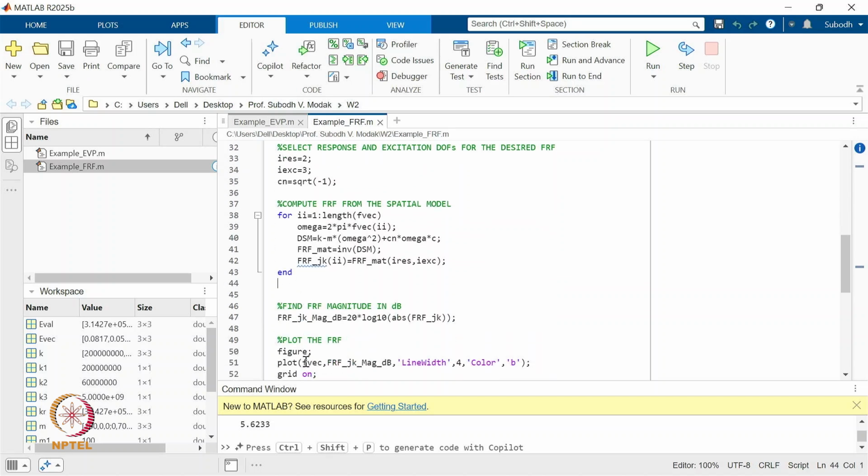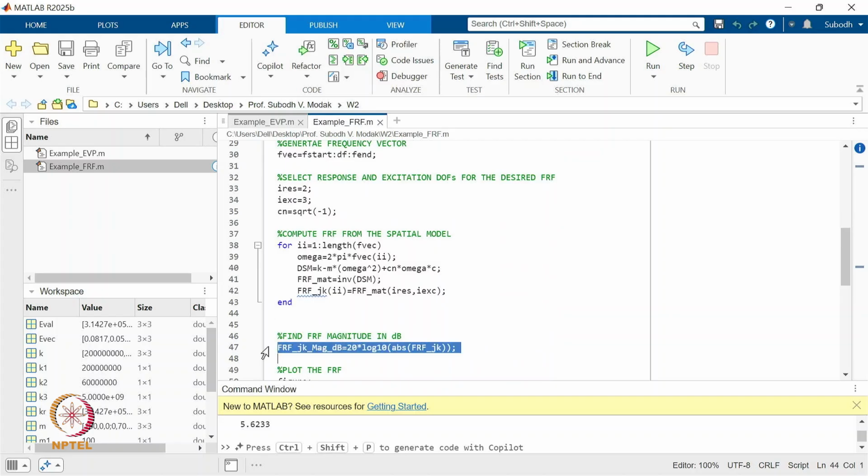And next we are plotting. Because FRF generally we show on a dB plot, I am converting it to the dB plot, dB FRF. You can see I am taking 20 log 10 of the magnitude of the FRF.